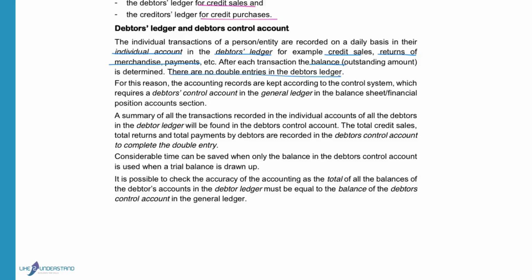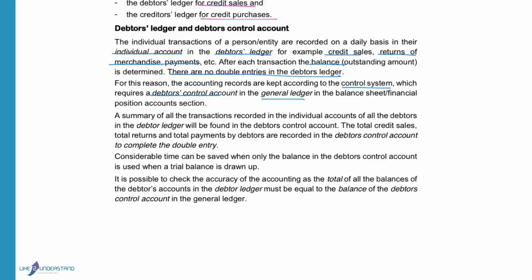For this reason, because there are no double entries in the debtors ledger, the accounting records must be kept in a control system. So we will open a debtors control account in the general ledger. And the balance of this debtors control account must equal the total of all the debtors that owe money to us.